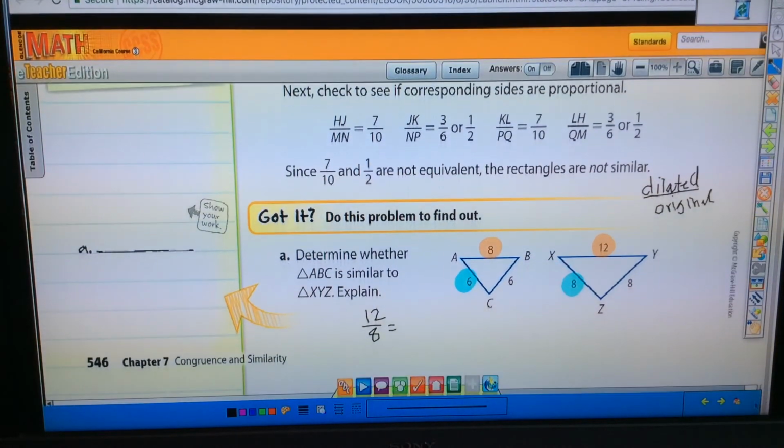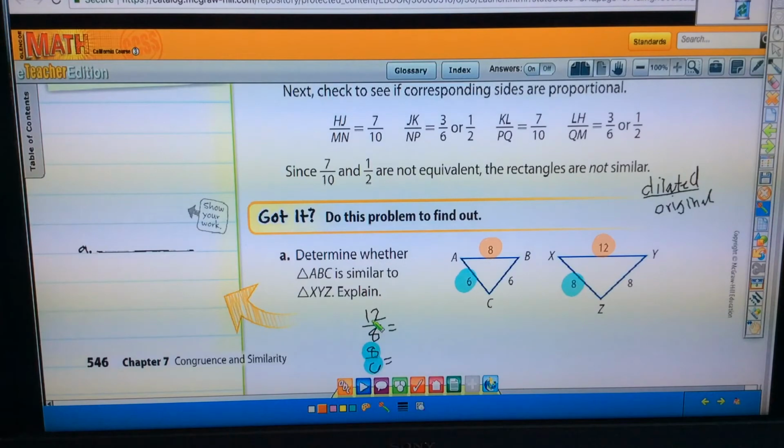Give myself a little more room. 8 over 6. Okay, so I can reduce some stuff here, right? And actually let me finish color coding this so you guys can make sure you see where all this comes from. You can convert this to a decimal or a fraction. It doesn't really matter.